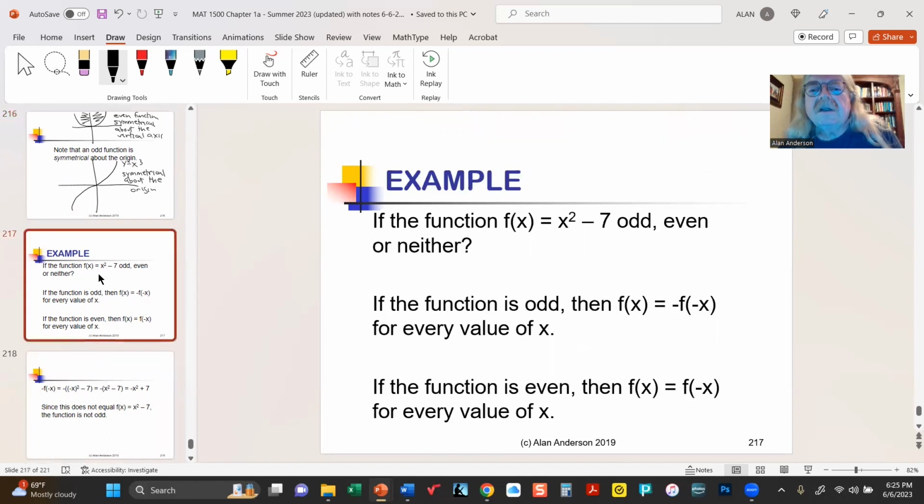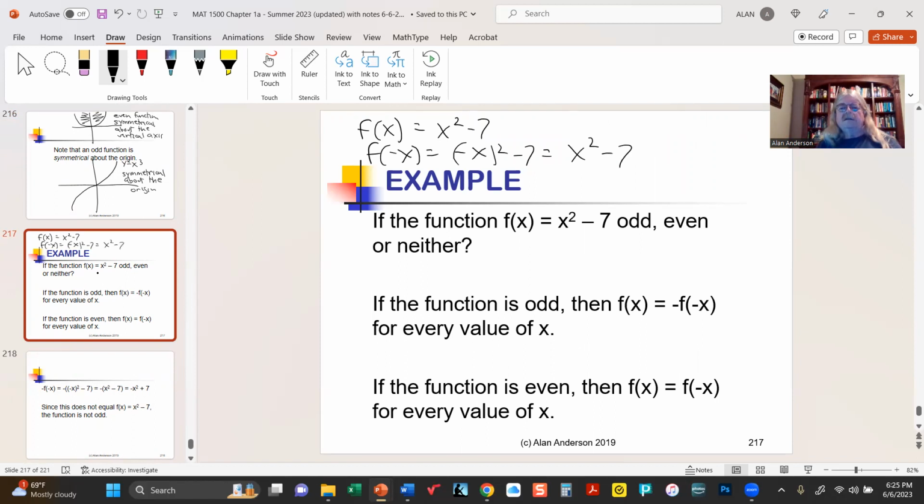All right, so let's try another one. So these are the rules right here. So here's f of x. F of negative x. So that means this is false, because negative f of negative x would be minus x squared plus 7.